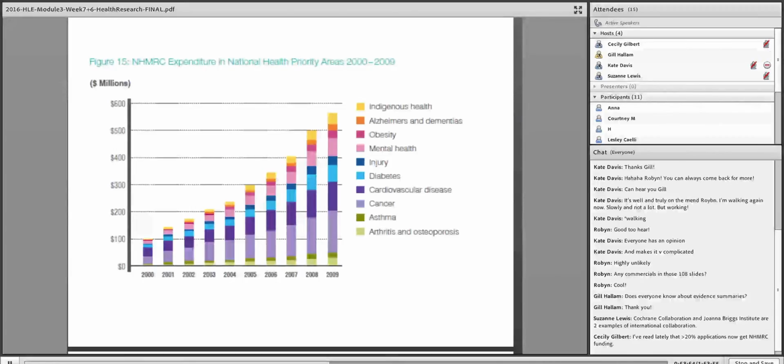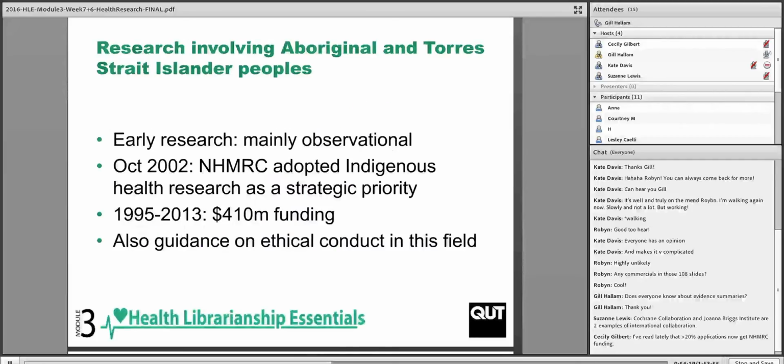You can see the major recipient is the area of cancer, the lilac shade in the graph. But then there is increasing funding going into the growth areas, if you like, indigenous health and mental health, which are increasing in relation to the others as well. So that shows the priorities in this country of what's required.